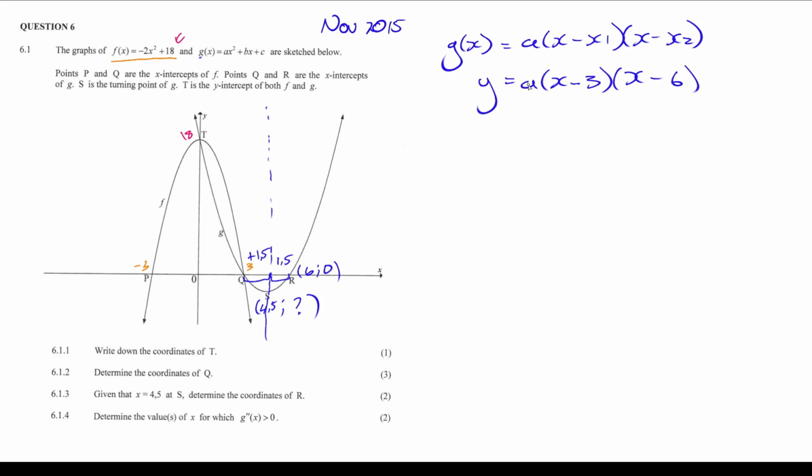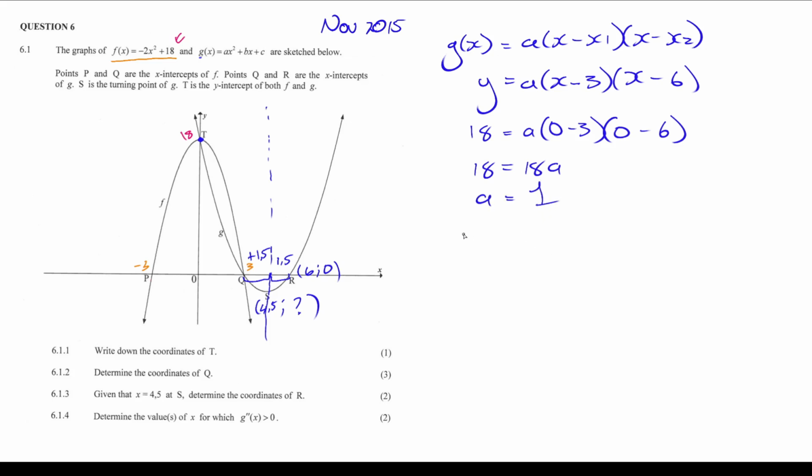And then I still have to find a, so I'm going to substitute in one more point, which is this guy. So we have y equals 18, and all my x's will be 0. So negative 3 times negative 6 is positive 18. So 18a equals 18.